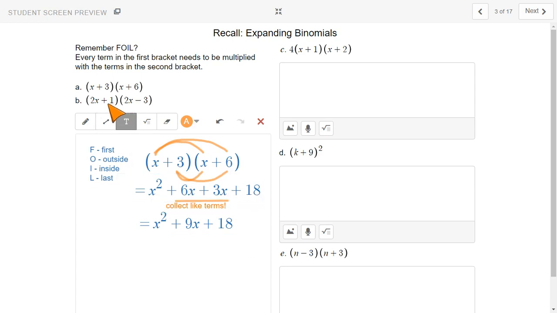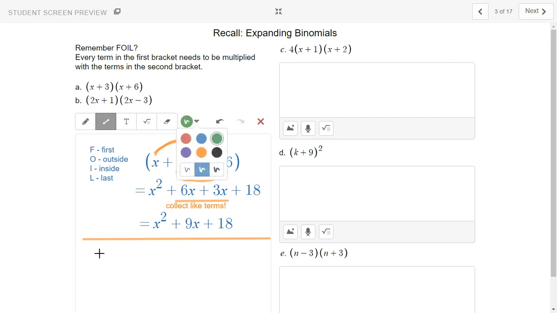Great. The next example we have 2x plus 1 times 2x minus 3. Same idea as our other question.